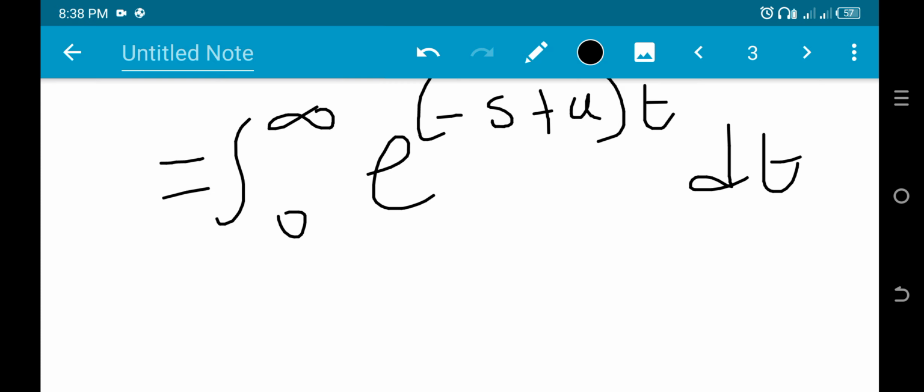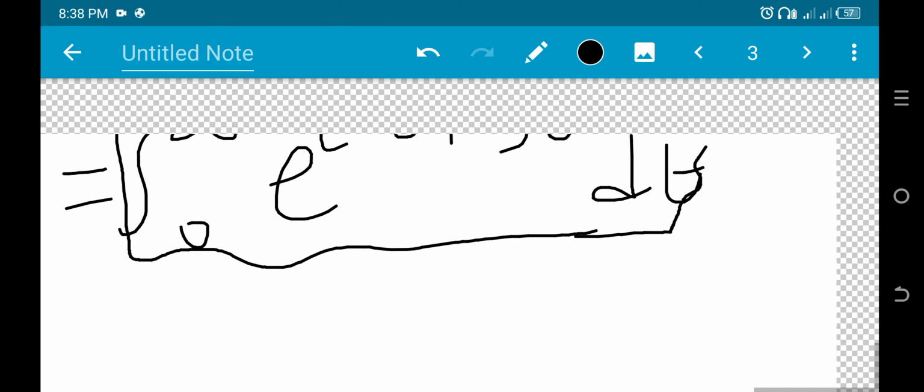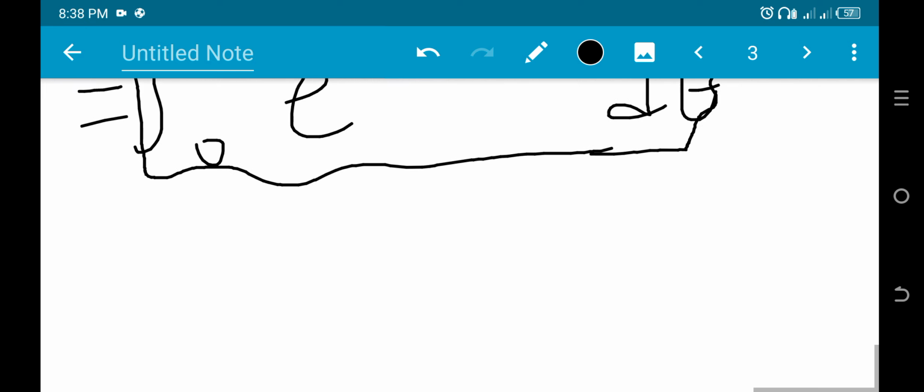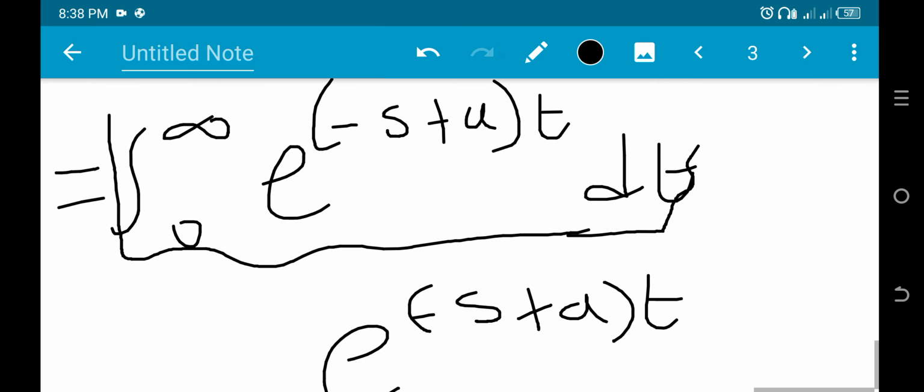So now at this point, what we have is the Laplace transform of the function e exponent at. Let's go ahead and integrate this simplified version. How do we integrate an exponential? We keep the same thing, the way it is, and divide by the derivative of the power.